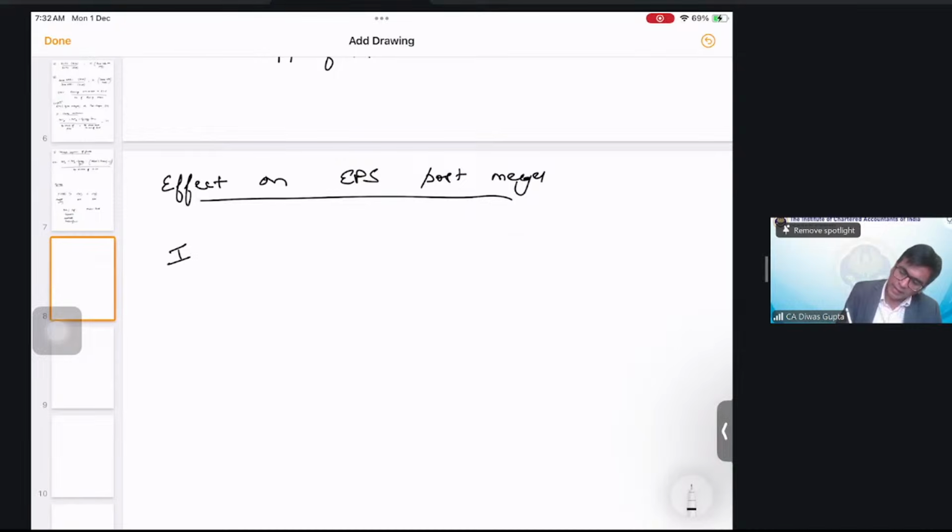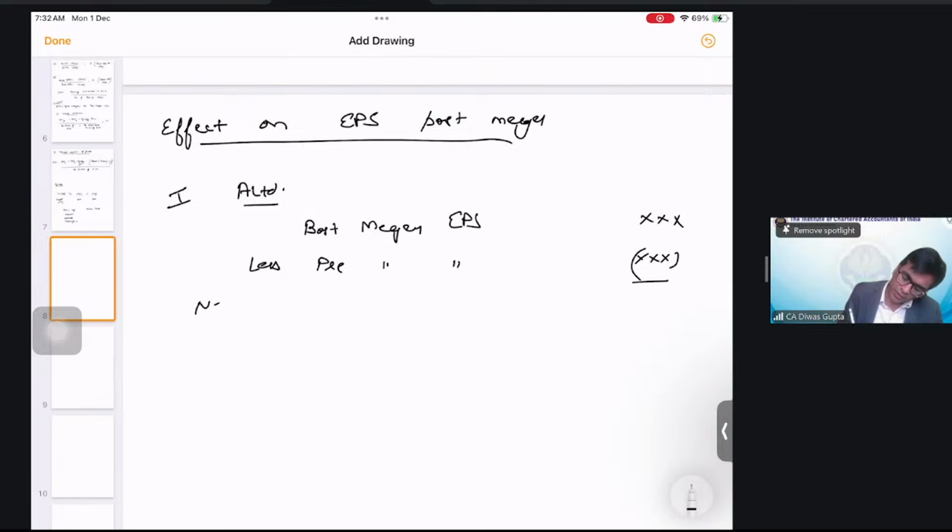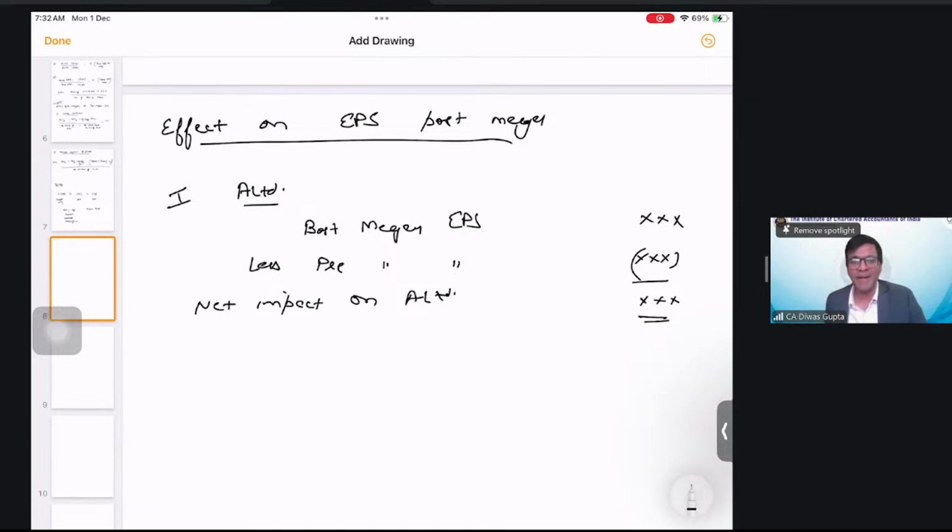So for acquiring company, which is let's say A Limited, post merger EPS less pre-merger EPS, net impact on A Limited will be this only, right? It's just a direct comparison between what is the post-merger EPS and pre-merger EPS.